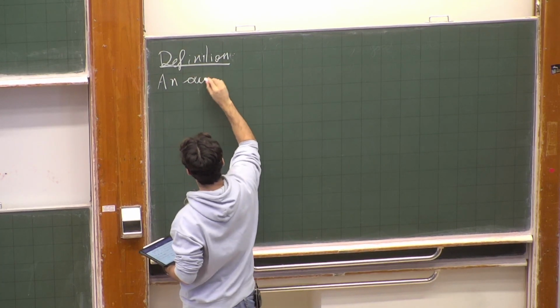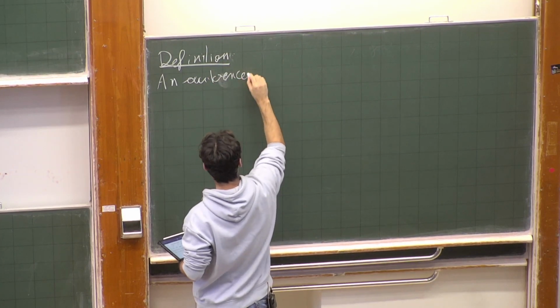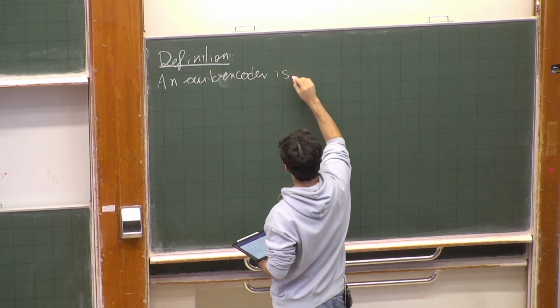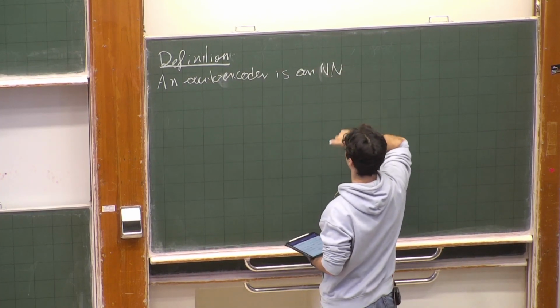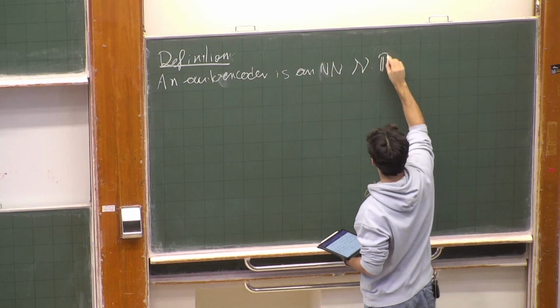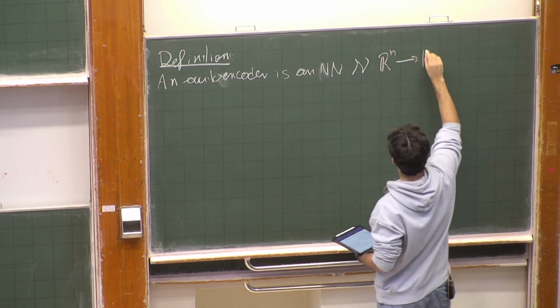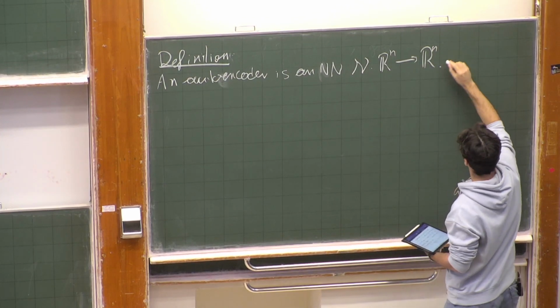An autoencoder is a neural network, which I will abbreviate by NN. The network goes from Rn into Rn, so the dimension stays the same.